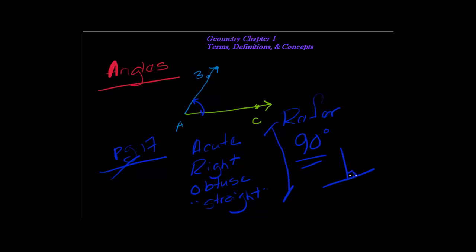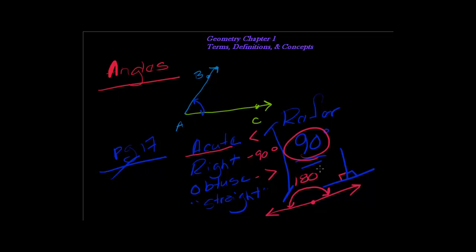And our label here for that is that little square here. So if you see two lines in the drawing and it says that, you are told that that's 90 degrees. So relative to 90 degrees, an acute angle is less than 90. A right angle is 90. An obtuse angle is greater than 90. And a straight angle is a little bit silly. It means, if you are right there, that it is entirely without an angle, which means it's 180 degrees.